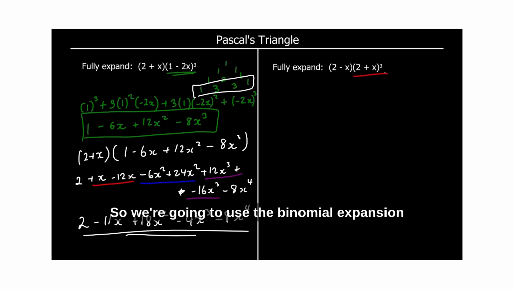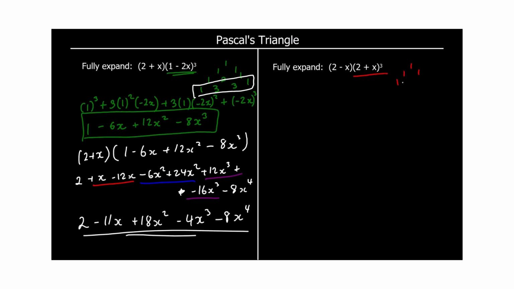So we're going to use the binomial expansion to expand 2 plus x cubed. So it's the 1, 3, 3, 1 line. So we've got 1 lot of 2 cubed, then 3 lots of 2 squared times x, 3 lots of 2 times x squared, and 1 lot of x cubed.